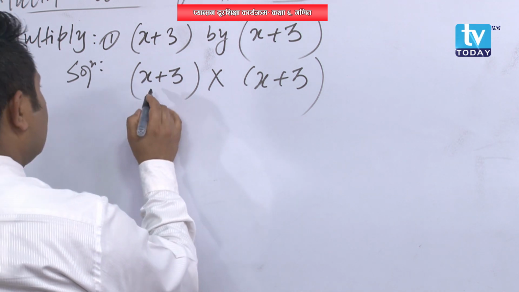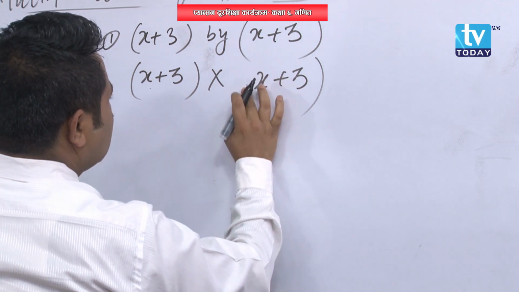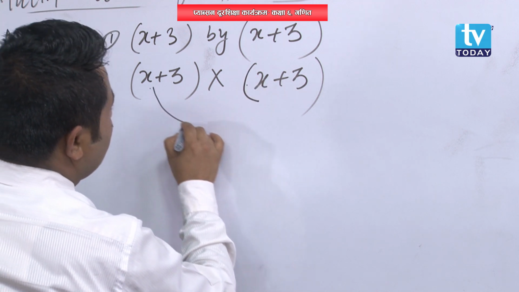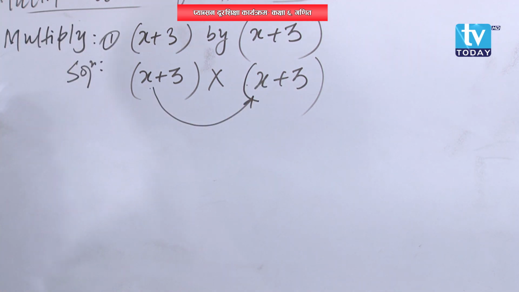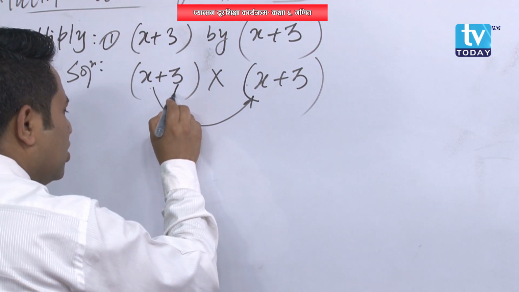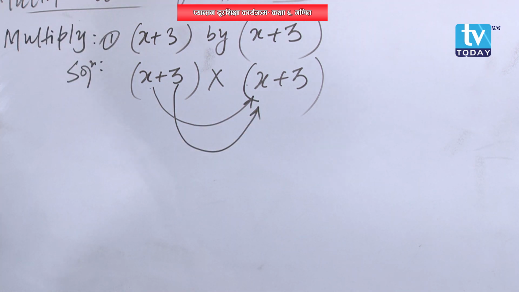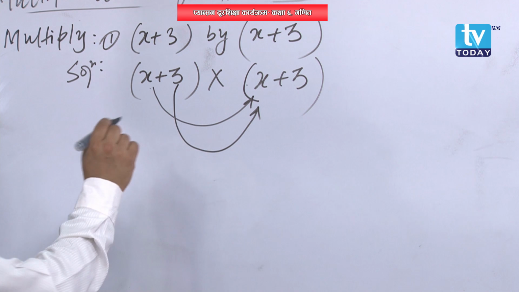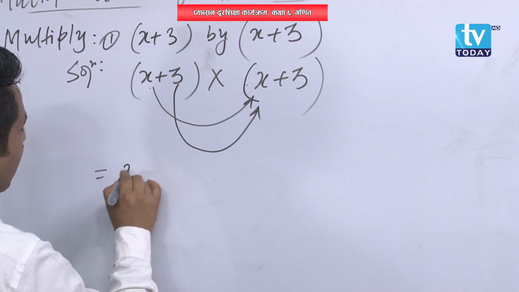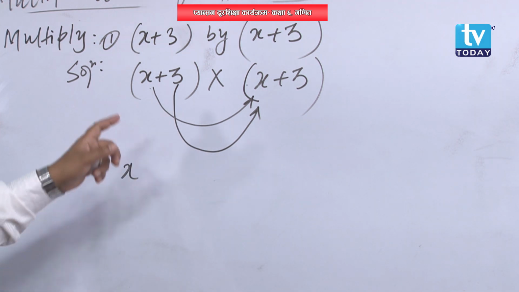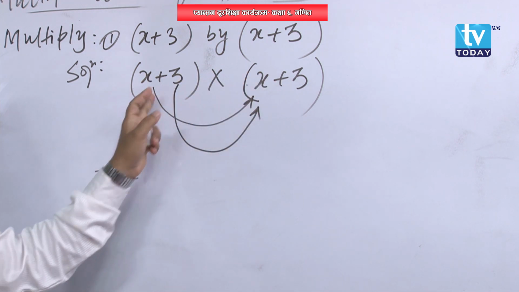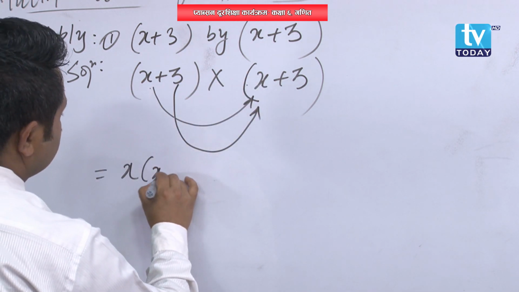Now first you have to multiply x plus 3 by x. Is that clear? And next time again you have to multiply x plus 3 by 3. So you can write: is equal to x plus 3 multiplied by x first, x plus 3.